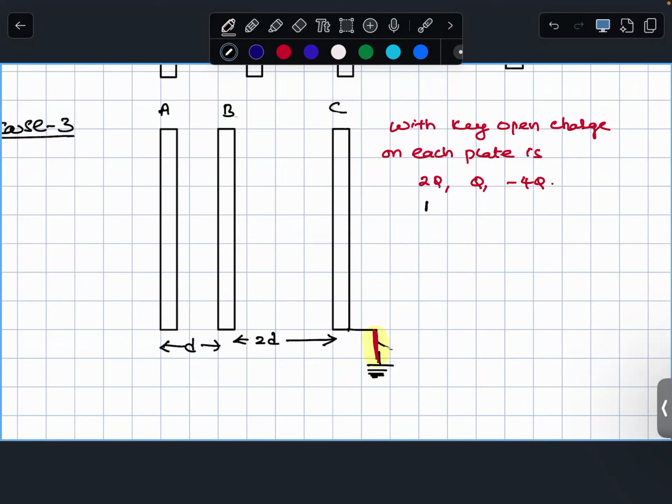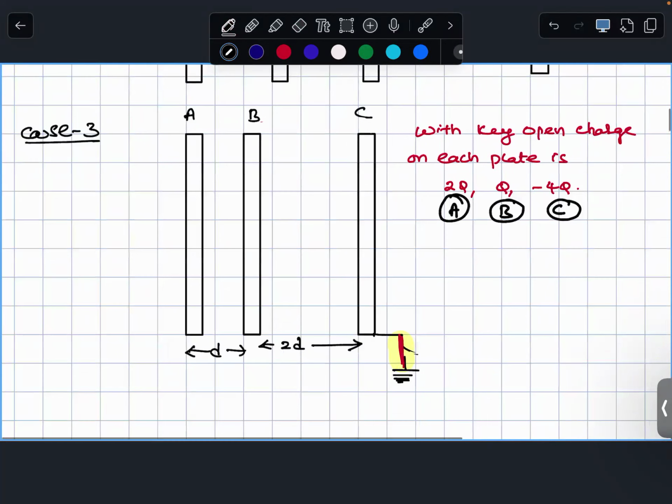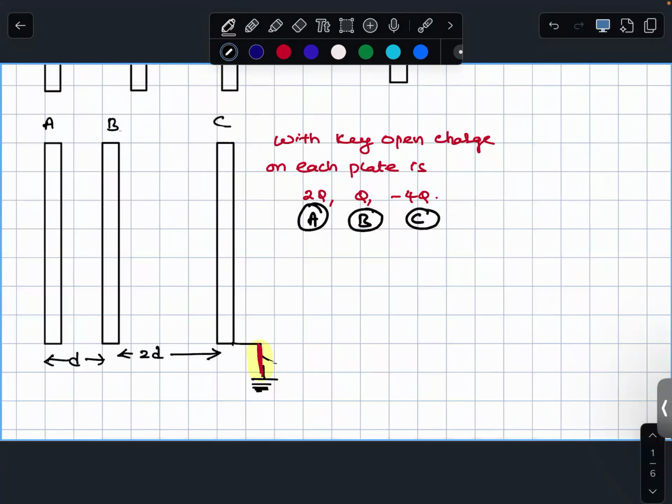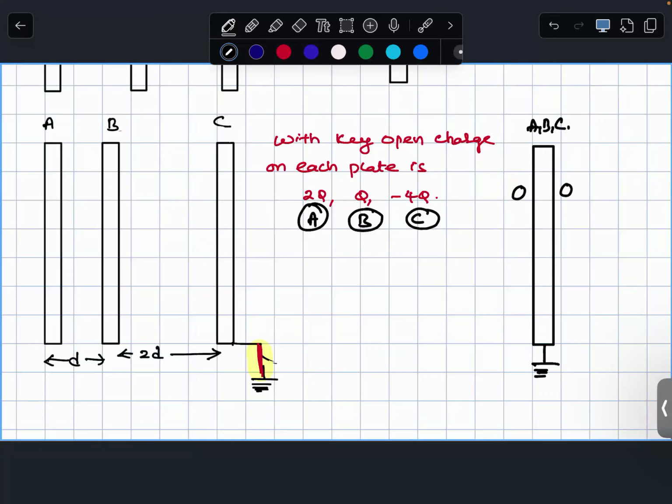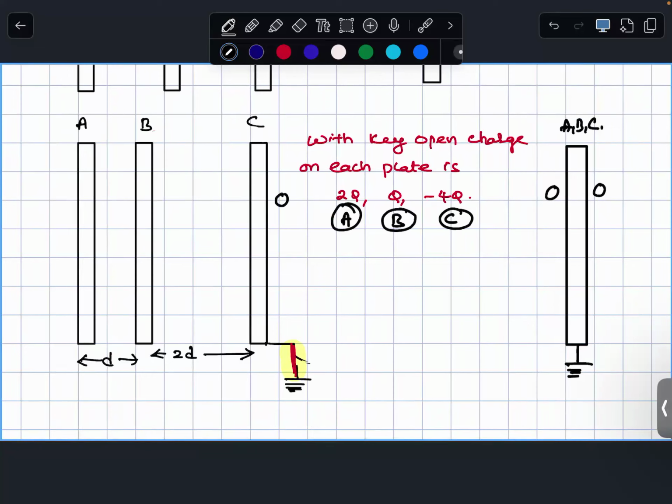Now, this is on A, on B, on C. Now I have closed it. It is the same logic, like one single plate. The net charge is such that the charge here is 0 and the charge here is also 0.